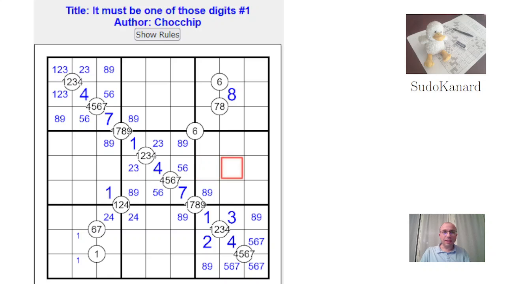And now I think we'll have to pause a little and think of what comes next. This 7 here is not in this cell, so for the 7 in this 2 by 2 block not to be in one of those, with this 7 and this 7 and this 7, there must be a 7 around here.